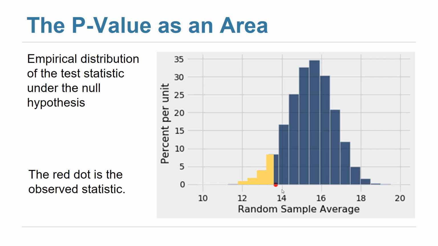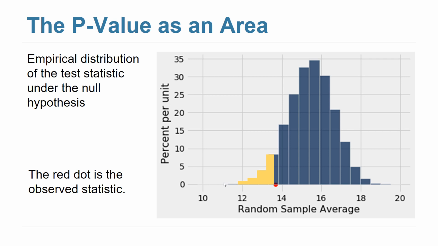So the p-value, as we said, is an area. Okay, it is the area below or above, depending on the direction of the alternative hypothesis. In our case, the direction of the alternative hypothesis is in this direction, because the students are saying the average is low, right?